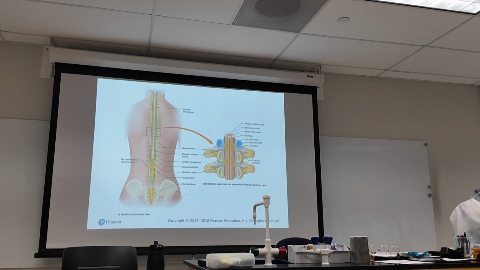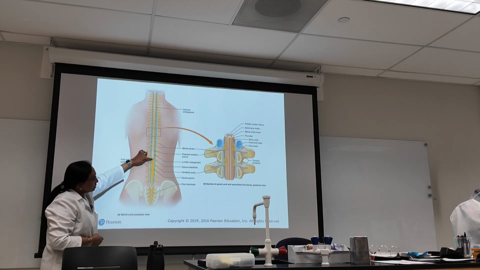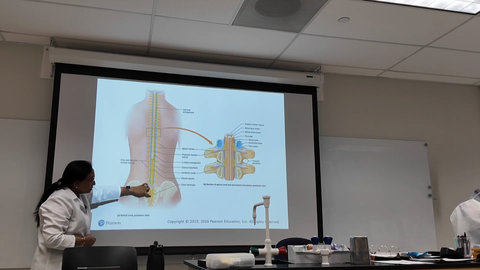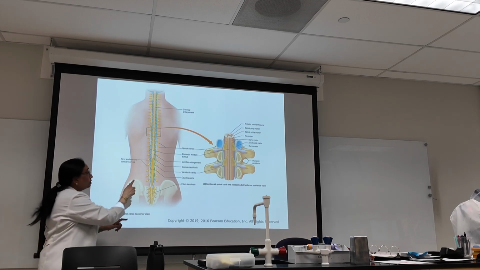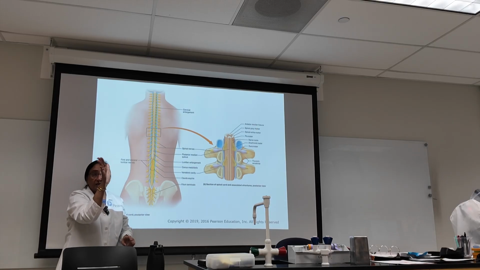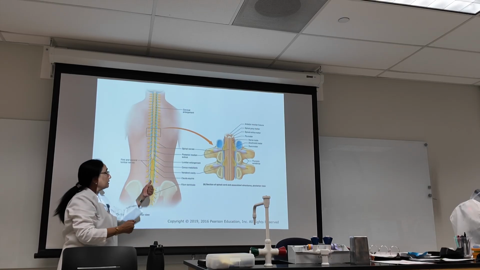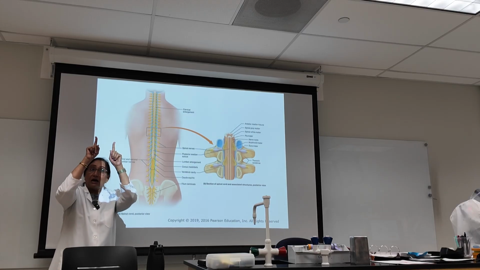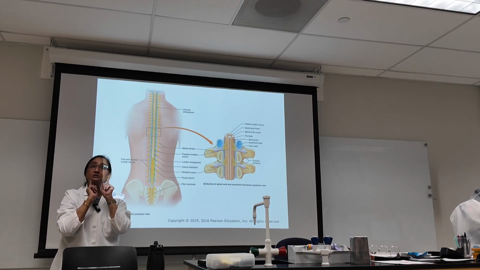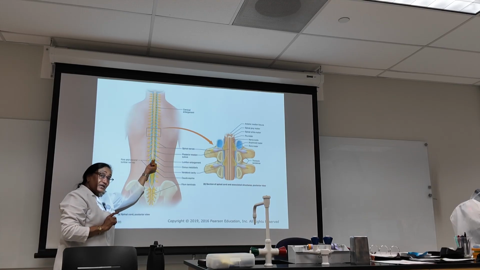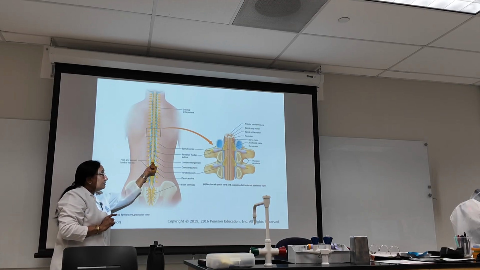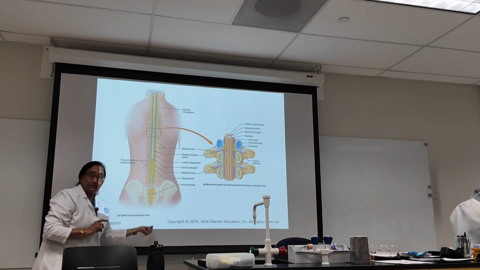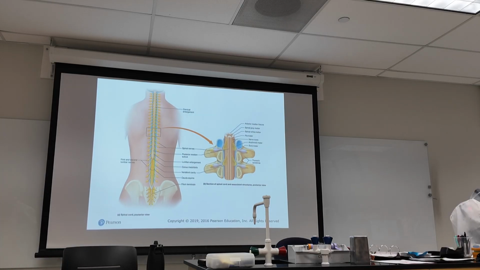From there is a long ligament. Okay, it's not a ligament, it is the pia mater. The pia mater sort of extends all the way to the tailbone, because you don't want this end of the spinal cord to be shaking around. You want to hold it in position. So only the pia mater, which is the outermost covering of the spinal cord, will extend all the way down to the tailbone, keeping the spinal cord in place.